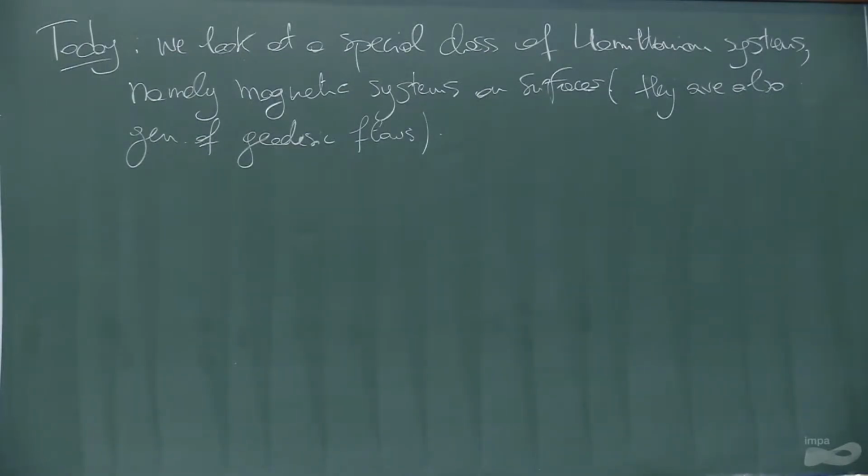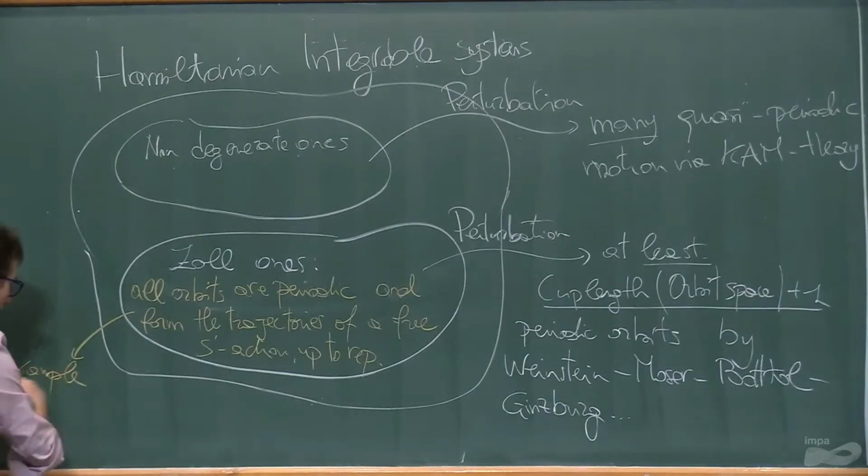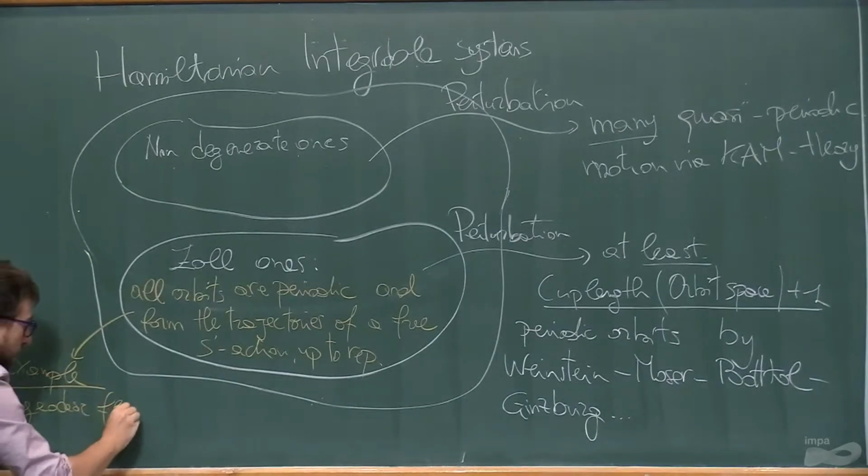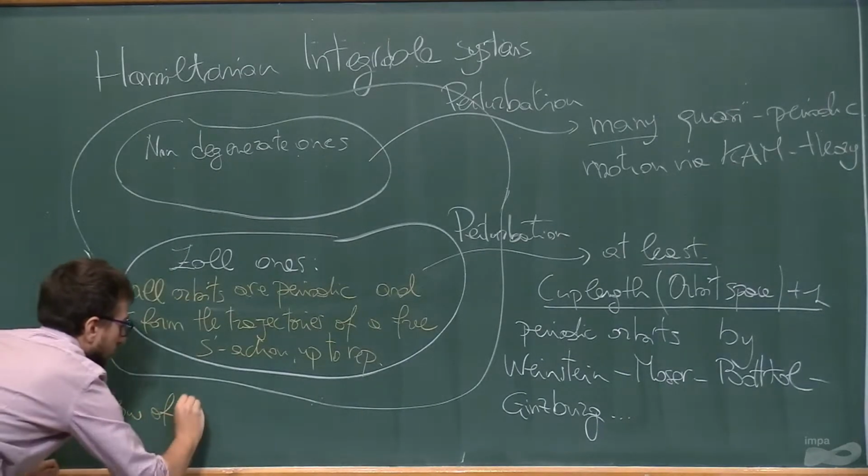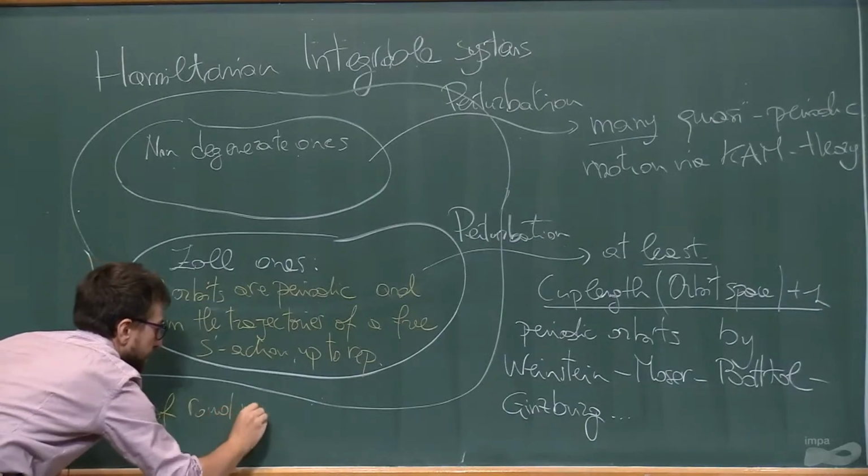For the class of geodesic flows, there is a lot of literature on the subject. So it's also very easy to come up with examples of Zoll geodesic flows. Here, for example, an example is the geodesic flow of the round metric on S2.